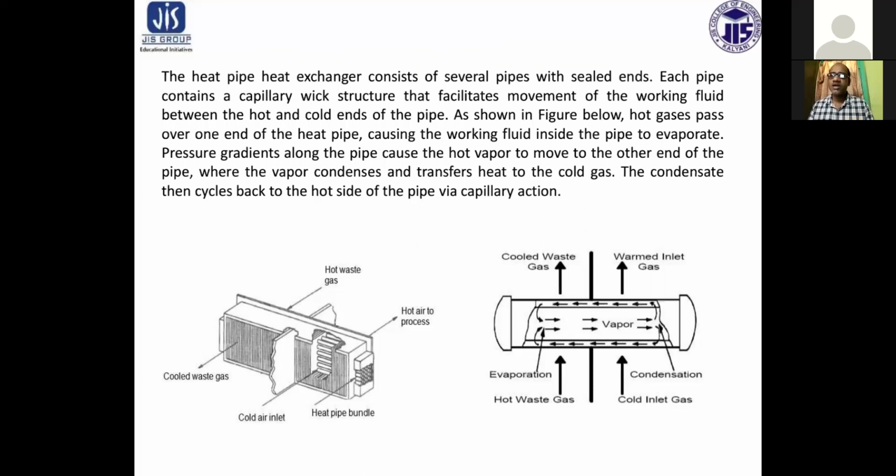As shown in the figure below, hot gases pass over one end of the pipe, causing the working fluid inside the pipe to evaporate. Pressure gradients along the pipe cause the hot vapor to move to the other end of the pipe, where the vapor condenses and transfers heat to the cold gas. The condensate then cycles back to the hot side of the pipe via capillary action.